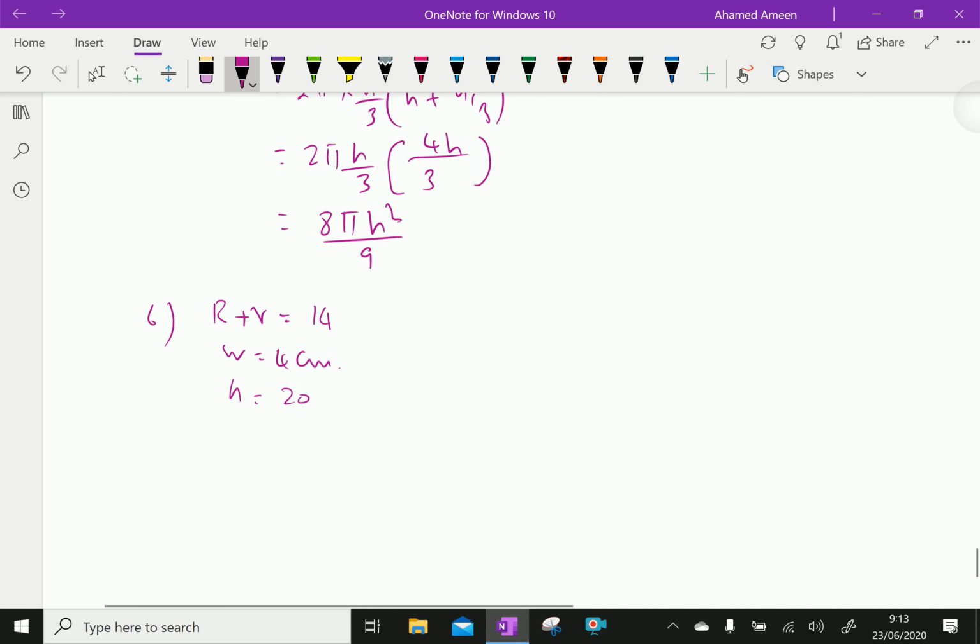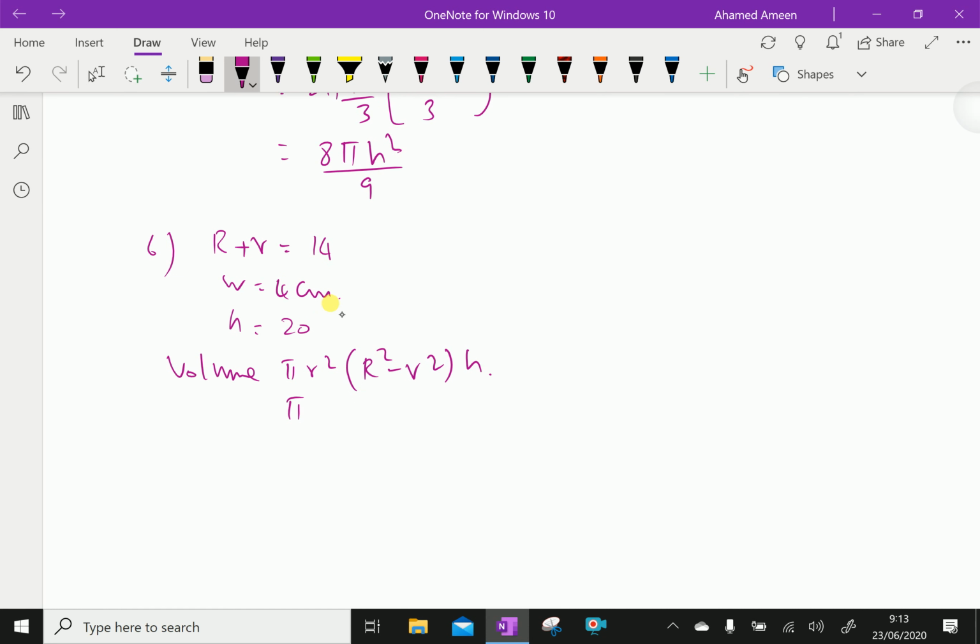Then volume equals pi R squared minus r squared times h. So pi into R squared minus r squared, you can write as R plus r into R minus r into h.